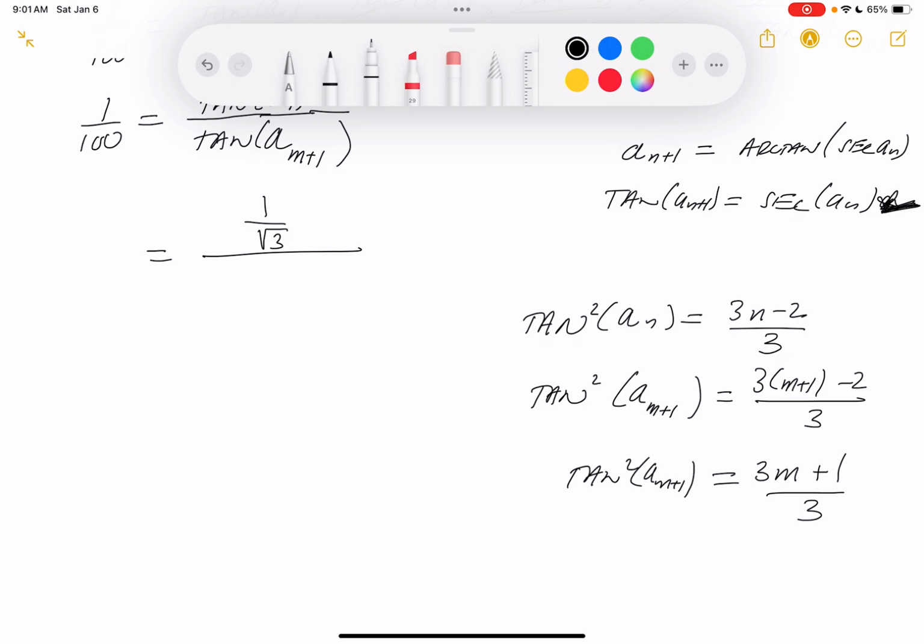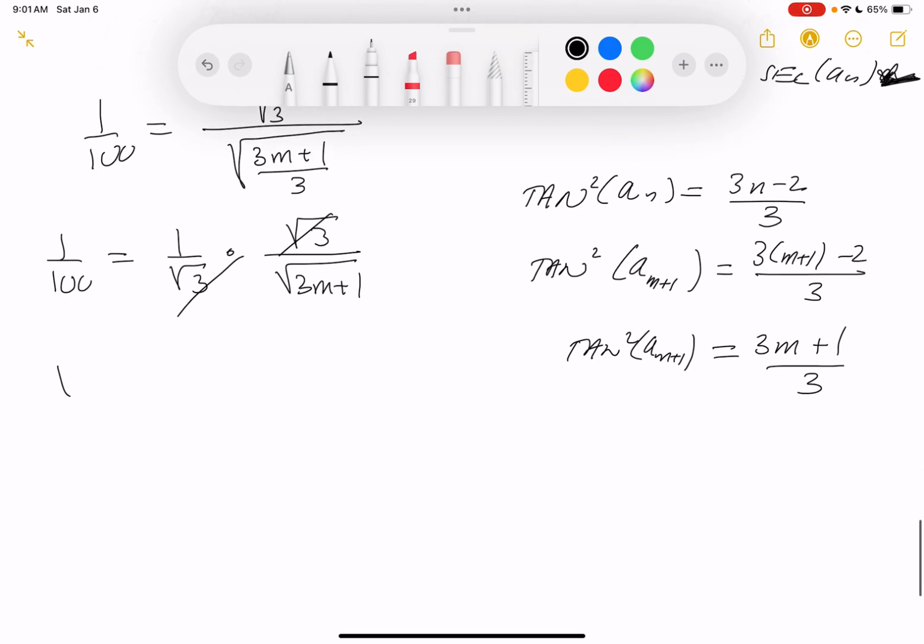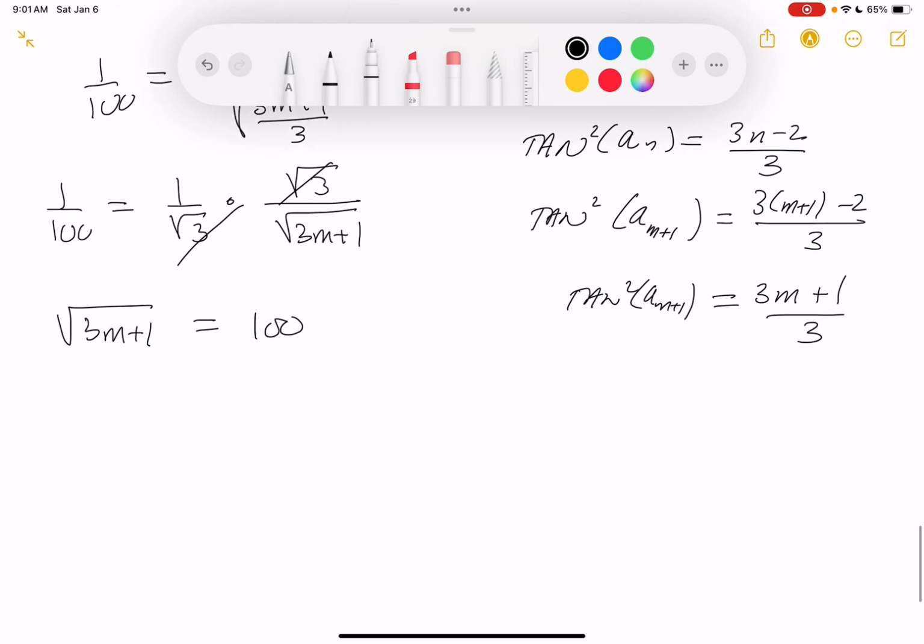And again, what do you get over here? You get the root. So you get the root of this thing over here, which is (3m plus 1) over 3, equals 1/100th. Well, I got to simplify this because it doesn't look right to me. This is 1 over root 3. I'm going to multiply by the bottom's reciprocal, which would be root 3 over the square root of 3m plus 1. These cancel off, and you get the root of 3m plus 1 equals 100.